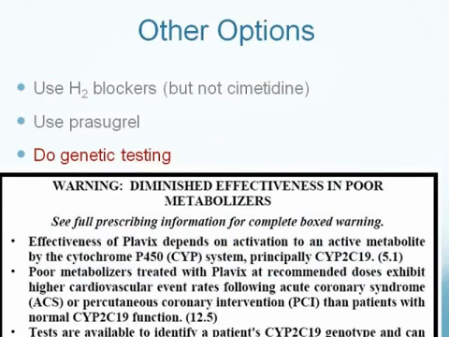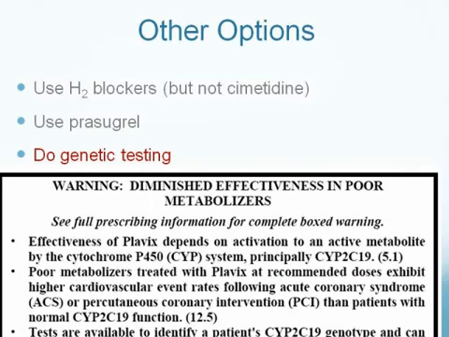Now, getting back to our patient, there are some other potential options for us to consider. One option is that we might want to do some genetic testing and see whether this patient has any of the polymorphisms that are associated with reduced efficacy.